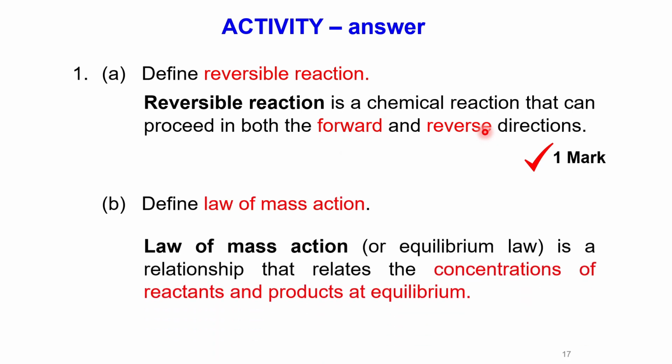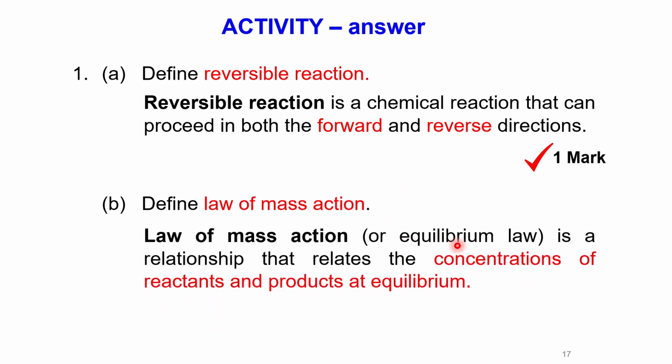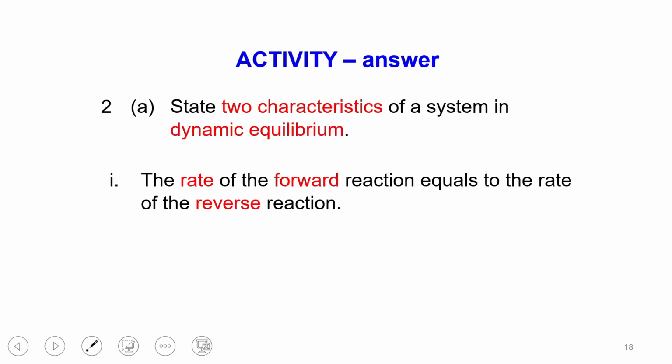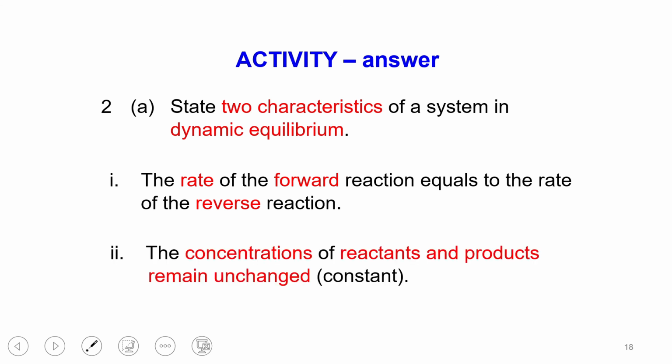Law of mass action: the relation between concentration of reactant and product at equilibrium. So two characteristics for dynamic equilibrium: the rates of forward and reverse are equal, and the concentrations of both reactant and product are constant.